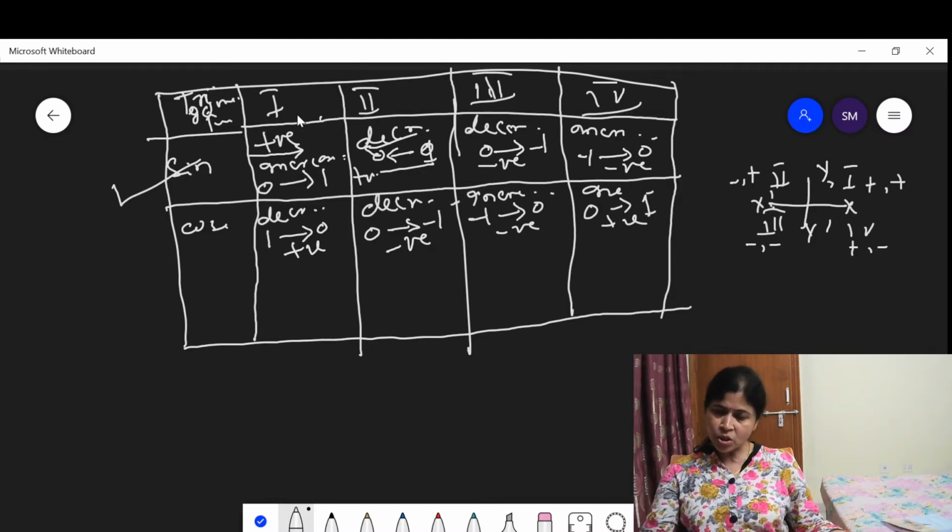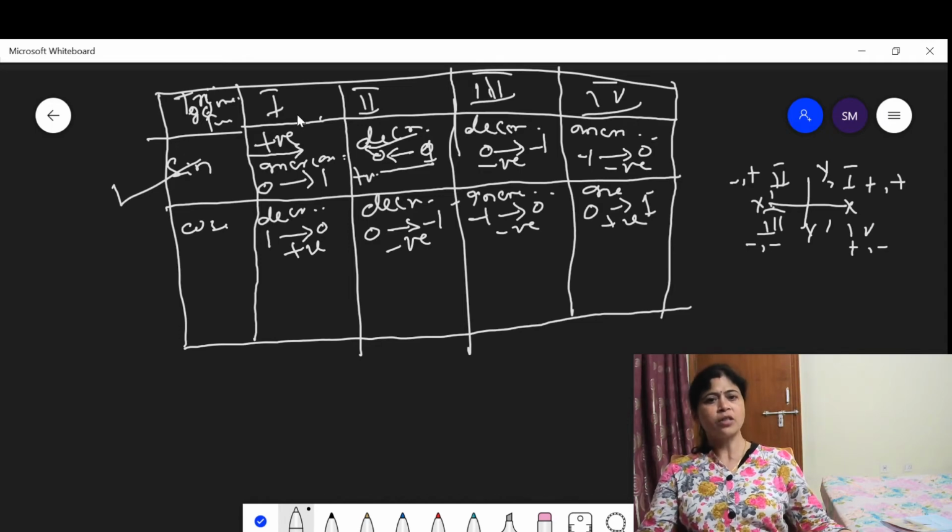in the first quadrant the cos function is in decreasing mode from 1 to 0, and the values between 1 to 0 are positive. In the second quadrant, it is also in decreasing mode from 0 to -1, and the values between 0 to -1 are negatives.